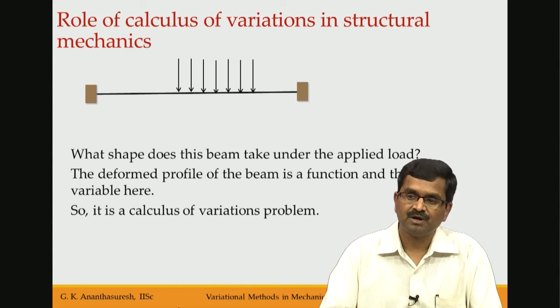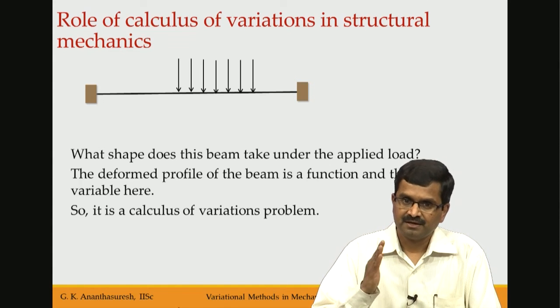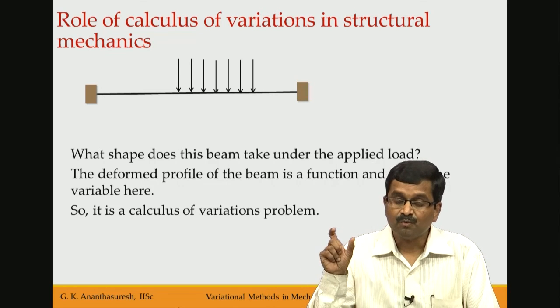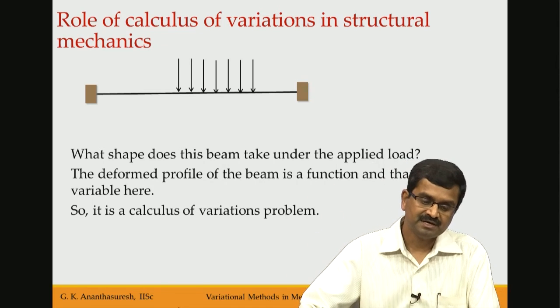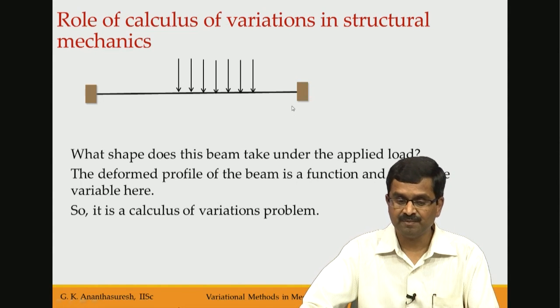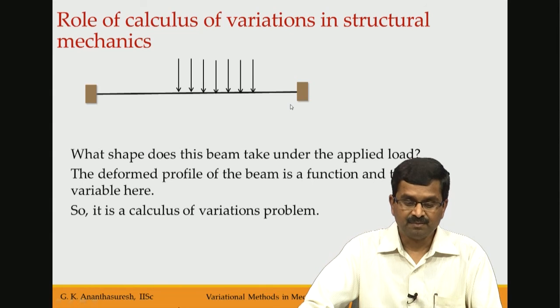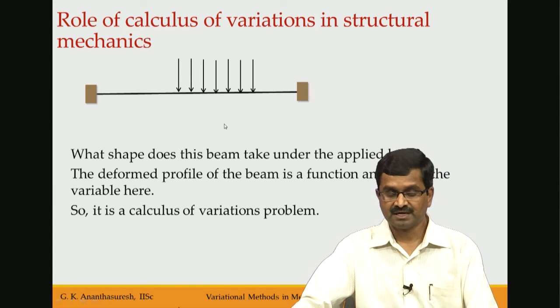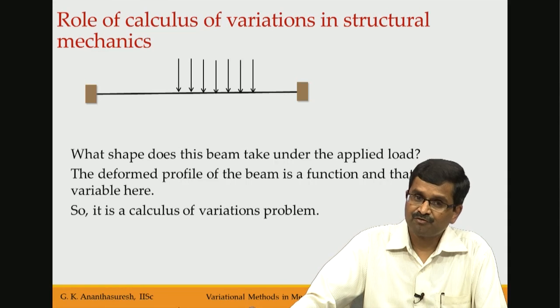Just like we saw a spring with a mass, it displaces by a quantity which minimizes the potential energy. Similarly, this beam will deform to a particular shape which minimizes the potential energy. So, it is a calculus of variations problem because the deformation of the beam, if we call it w(x), is an unknown function. Whenever a function is unknown, it is a calculus of variations problem.